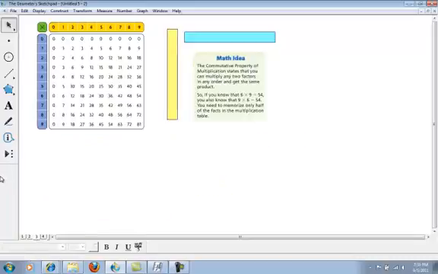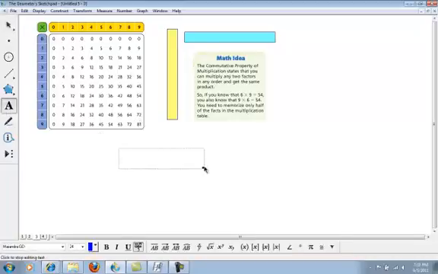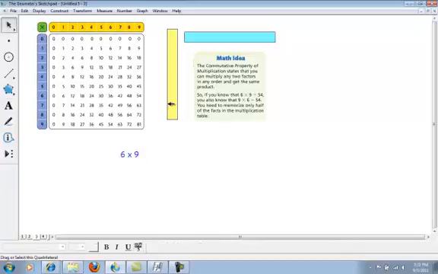Alright, let's look at another strategy. Another strategy is just using a multiplication chart. When you look at the multiplication chart, you have factors across the top and factors going down the side. Now, if I'm trying to find 6 times 9, I can use these bars to show 6 times 9.